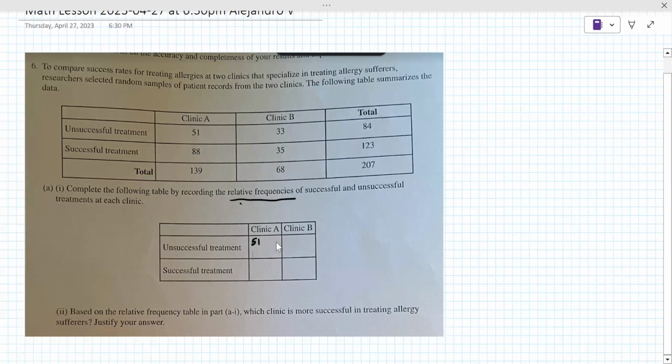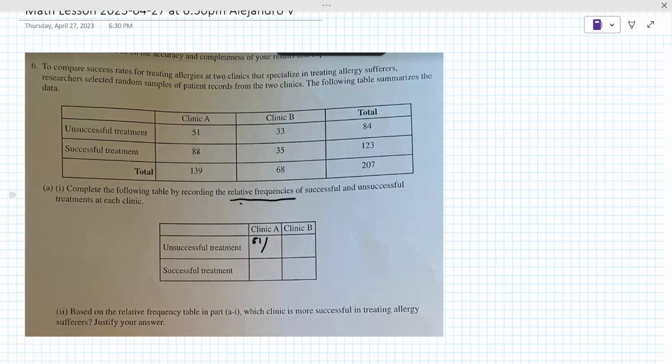We want to know, if you go to Clinic A, what's the probability that you're going to be successful? 51 out of 139. No, 51 out of the 139 unsuccessful.